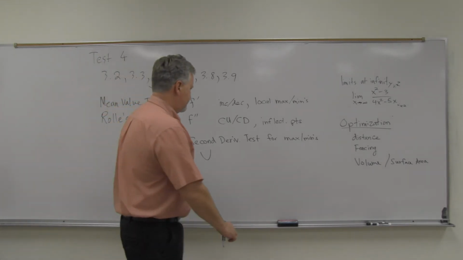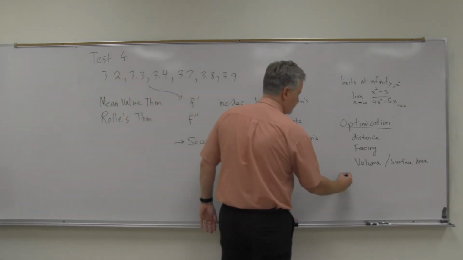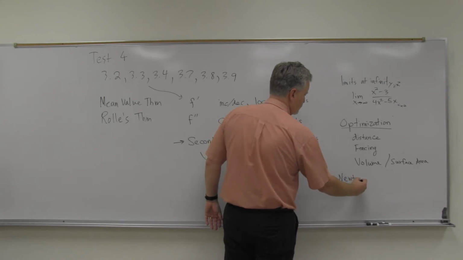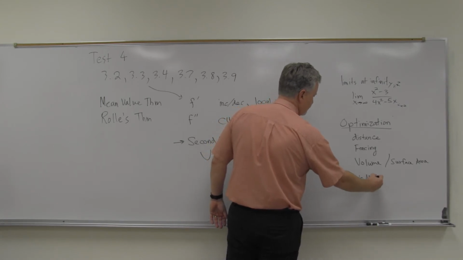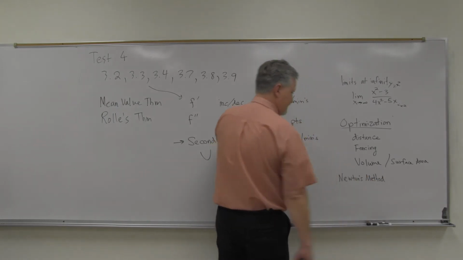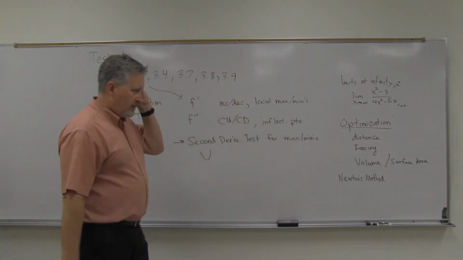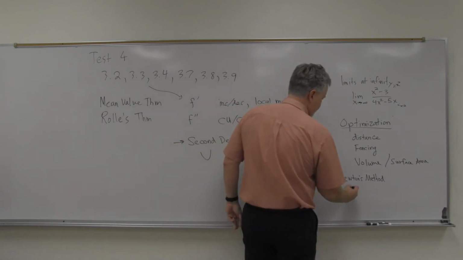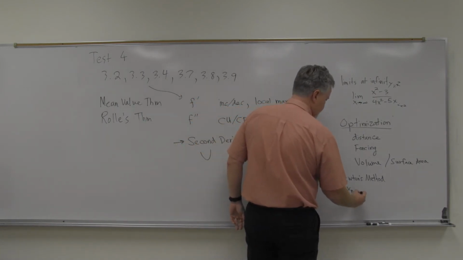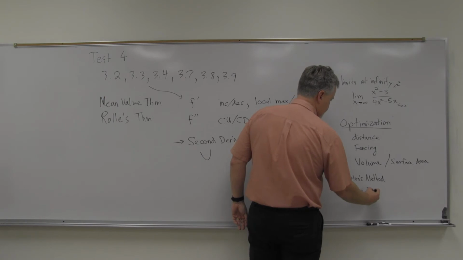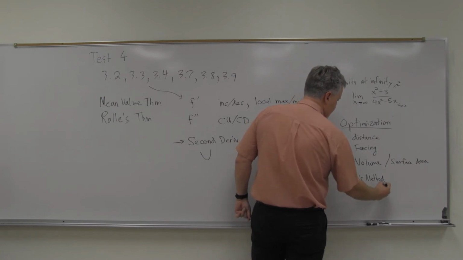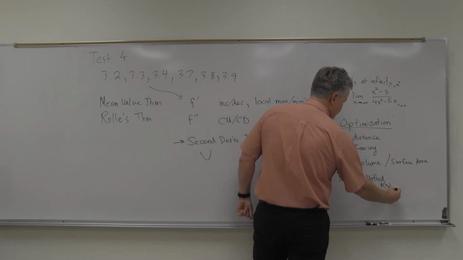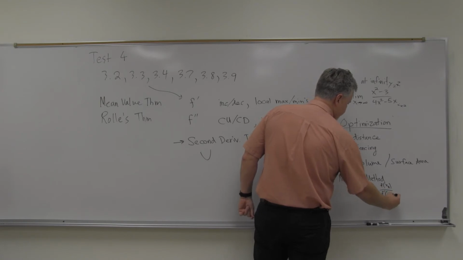3.8 was Newton's method. You would definitely need to know the formula: x sub n plus 1 equals x sub n minus f of x sub n divided by f prime of x sub n.